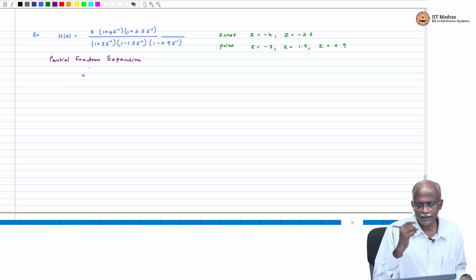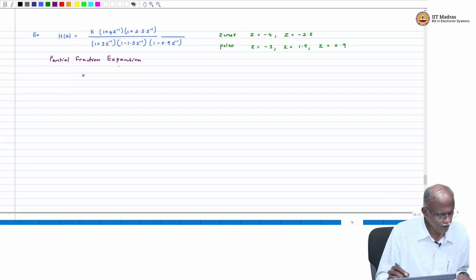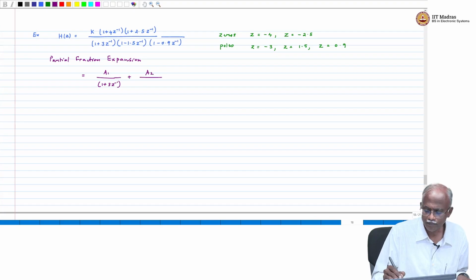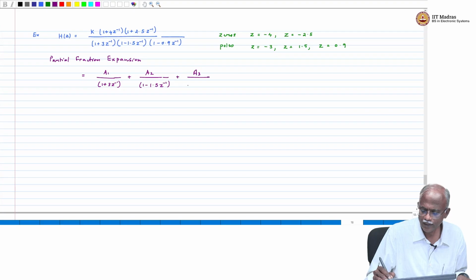It is writing it in the following form. We have three distinct poles, so we can write it as a constant a1 divided by 1 plus 3 z inverse, plus a2 divided by 1 minus 1.5 z inverse, plus a3 divided by 1 minus 0.9 z inverse.